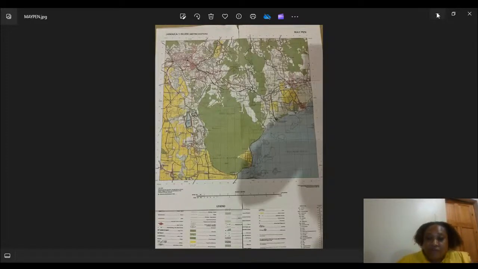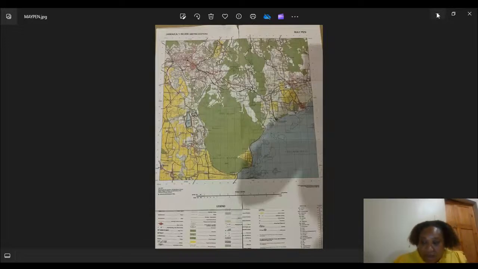And then you have your cultivated vegetation. So cultivated vegetation would be things like banana, sugarcane, citrus, coconut, tobacco. So if you look in the key, you would be able to identify those types of cultivated vegetation. On the map, they just ask you about vegetation broadly.